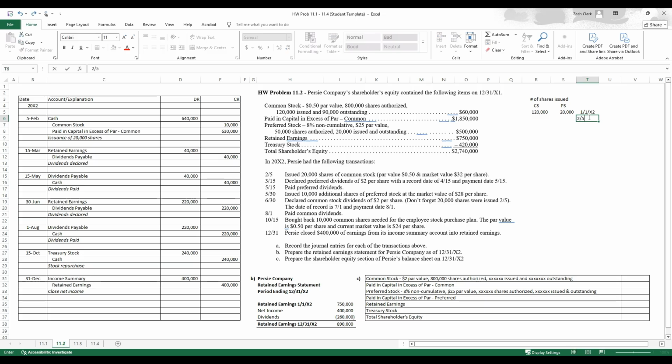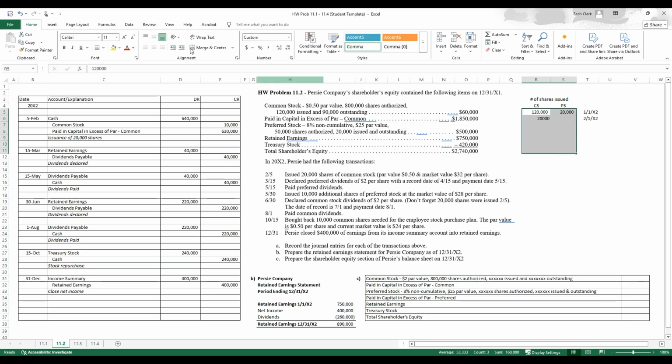On 2/5/x2, we issued 20,000 shares of common stock, so we had 20,000 more shares. Let me format those. And then on 5/30, we issued 10,000 preferred stock shares.